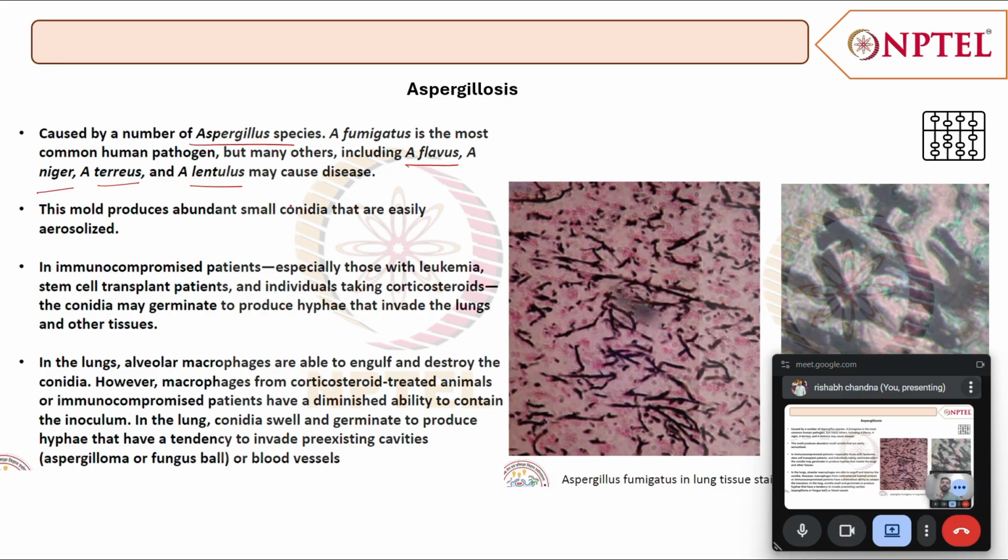This mold produces abundant small conidia that are easily aerosolized. So this also is inhaled as an aerosol. In immunocompromised patients, especially those with leukemia, stem cell transplant patients, and individuals taking corticosteroids, the conidia may germinate to produce hyphae that invade the lungs and other tissues.